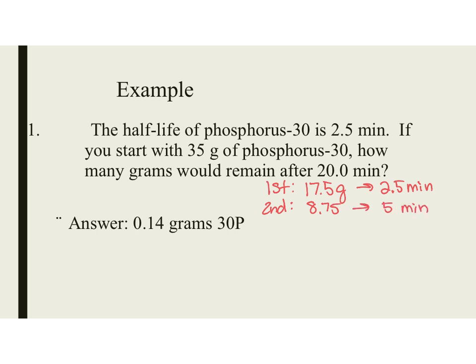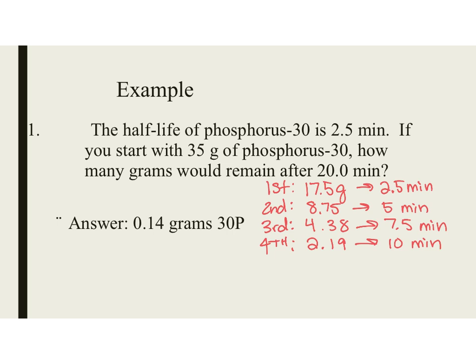The third half-life, half of 8.75, now we're at 4.38, and 7.5 minutes have now passed. Now we're at the fourth half-life, and half of 4.38, we're down to 2.19 grams of that original sample remains, and now we're at 10 minutes.